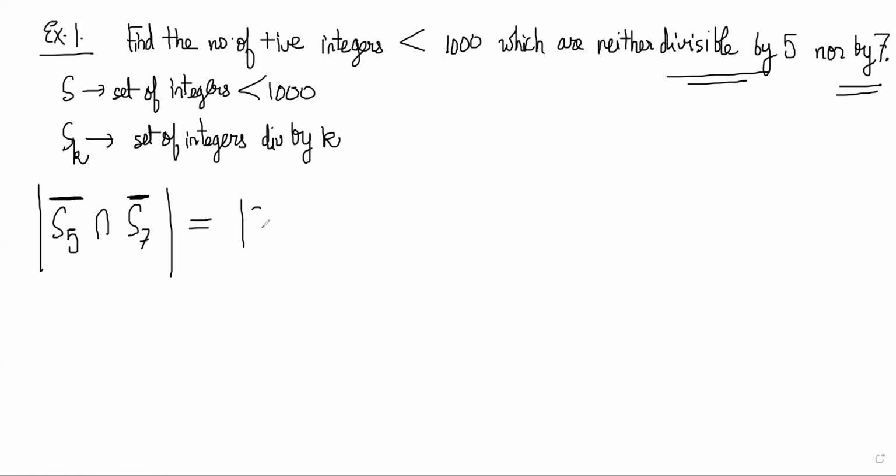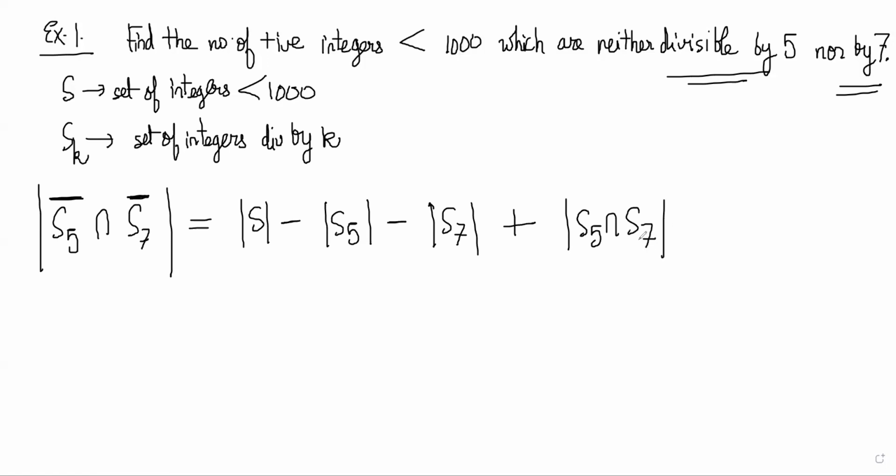So this will be mod of S minus S5 minus S7 plus the two-at-a-time intersection, right? So this is it. Now we just count the individual sets. The total set of integers less than 1000 is 999.